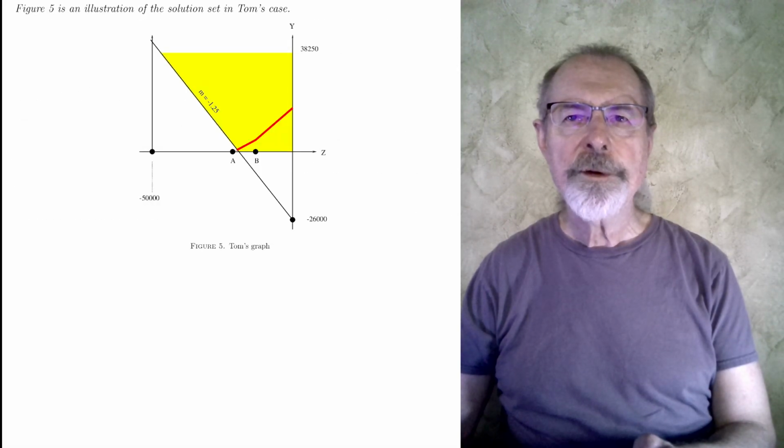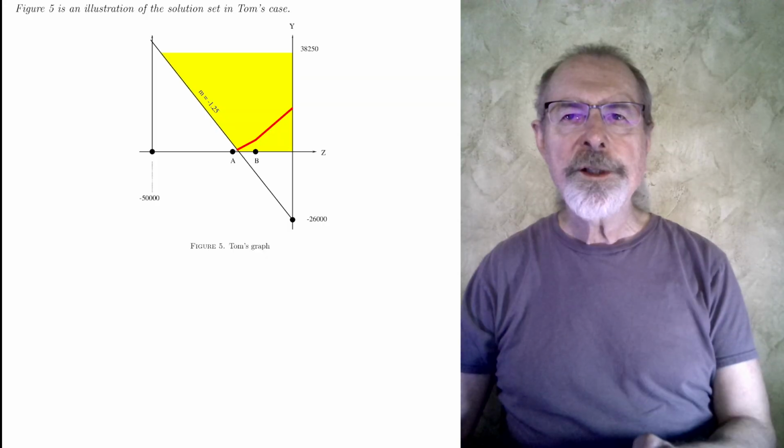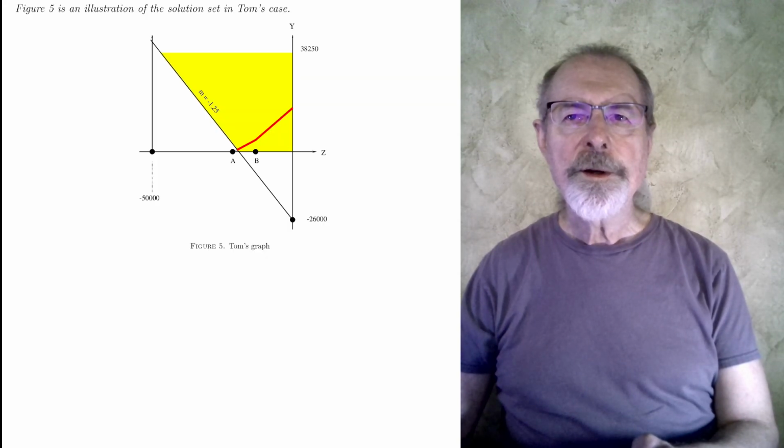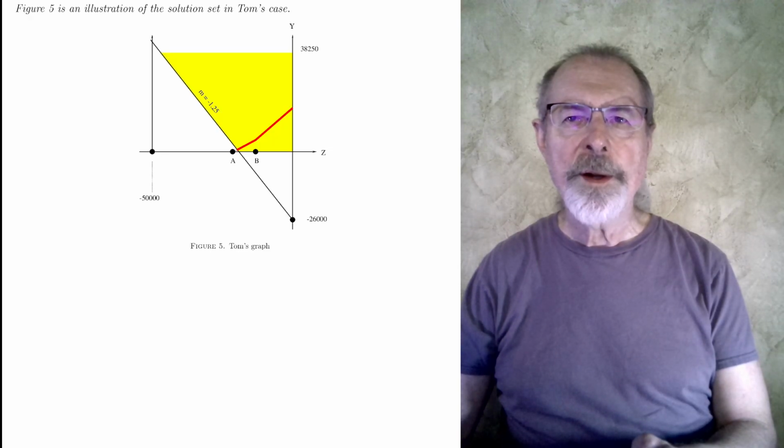Or I can look at the graph. So you can see in this case that depending on his NOL deduction, the amount of his benefit which is taxable is given on the red curve.